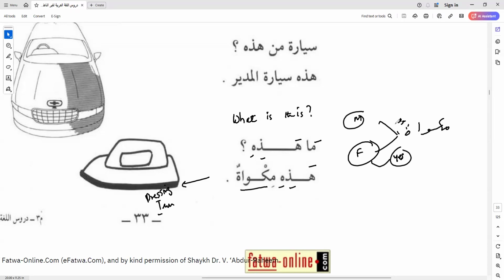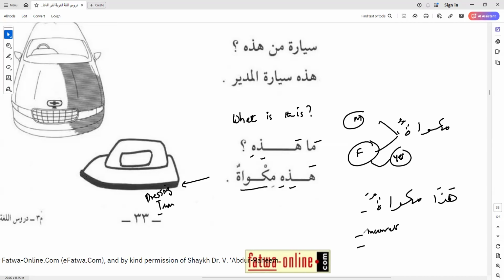So therefore, your demonstrative pronoun must be هذه, not هذا. So if you say هذا مكواة, you are grammatically incorrect. However, linguistically, you are correct because you are going to be understood.